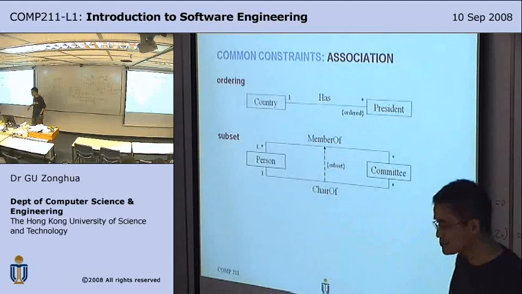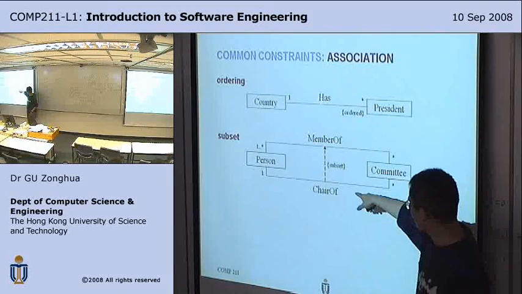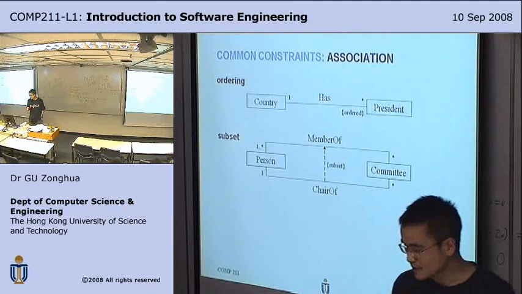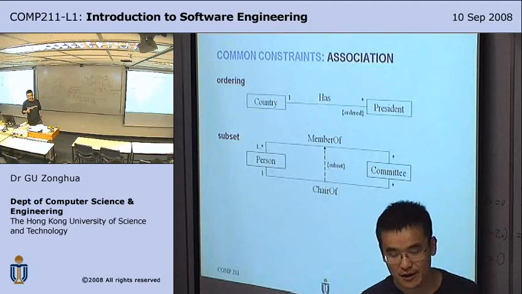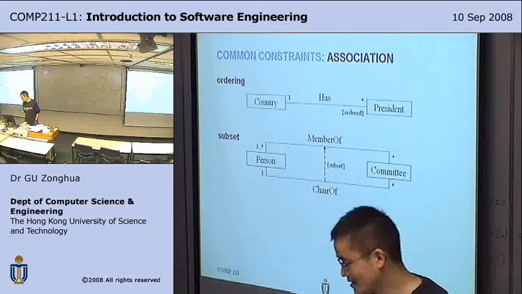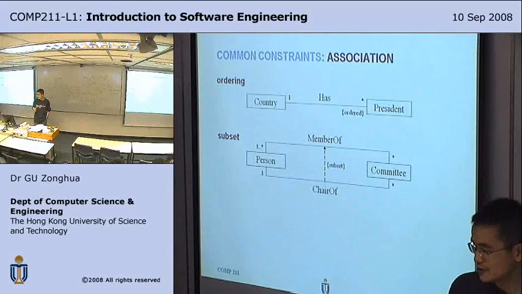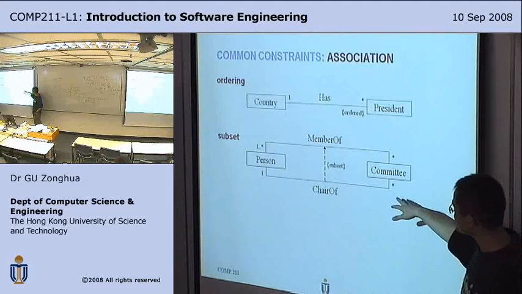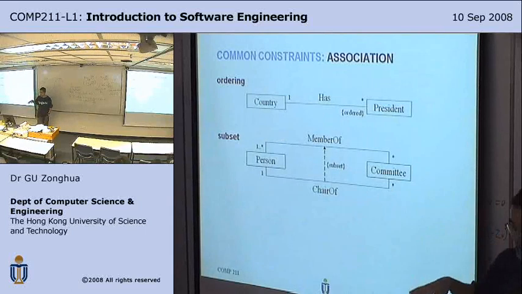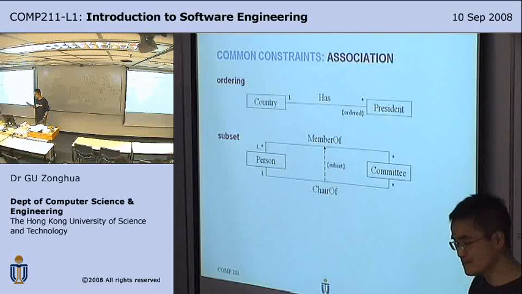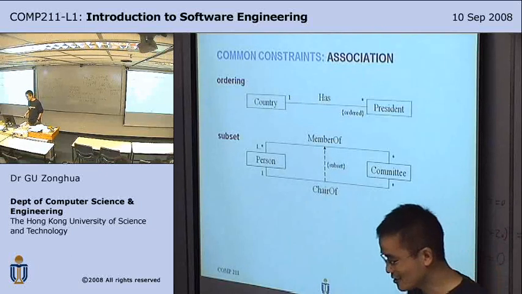So you can have the subset relationship between these 2 associations, which means that the chair must be a member. It obviously makes sense, right? Why would you have a chairperson of a committee who's not even a member of the committee? But if you don't have this subset relationship, this class diagram really allows that situation. You can have a person who is a chair but not a member.